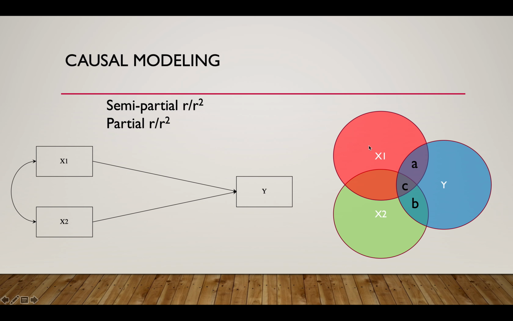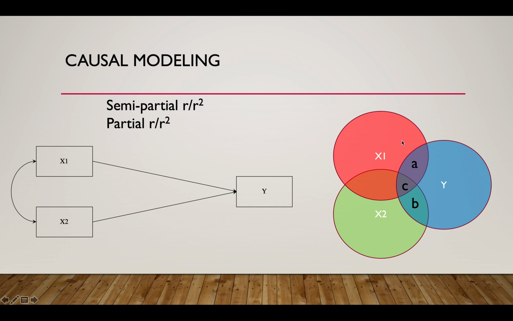So if we're just looking at the relationship between x1 and y, it would be this whole area with 100% of this piece and 100% of this piece, and that gone. The semi-partial correlation coefficient and semi-partial r squared then wind up being this piece, this percent of the variance of y, assuming all of this is still there and assuming we have not removed any of this. But this does not count.